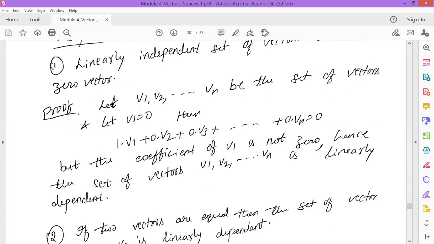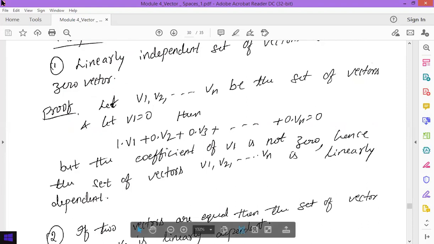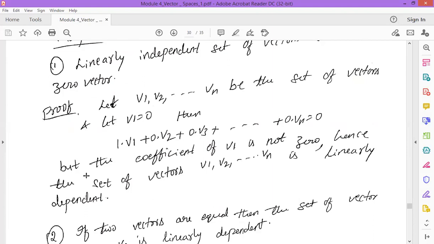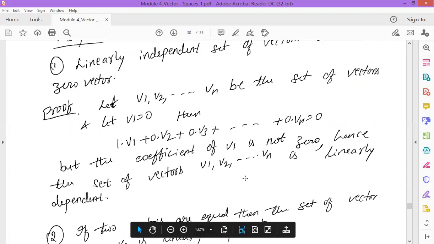Suppose we have a set of vectors v1 up to vn, and v1 is equal to 0. Then we can write 1 v1 plus 0 v2 plus 0 v3 and so on, which is equal to 0. But the coefficient of v1 is not 0, though v1 is 0. In this case, v1 up to vn are said to be linearly dependent.